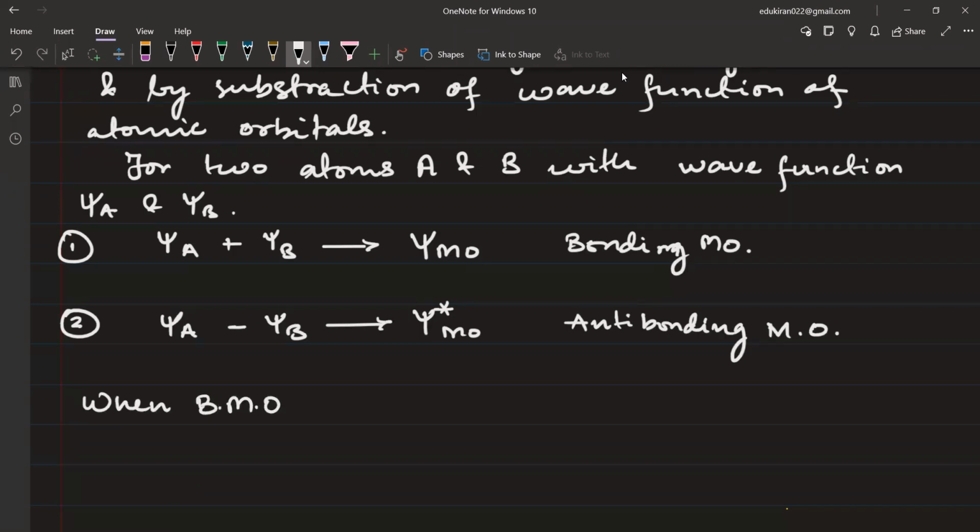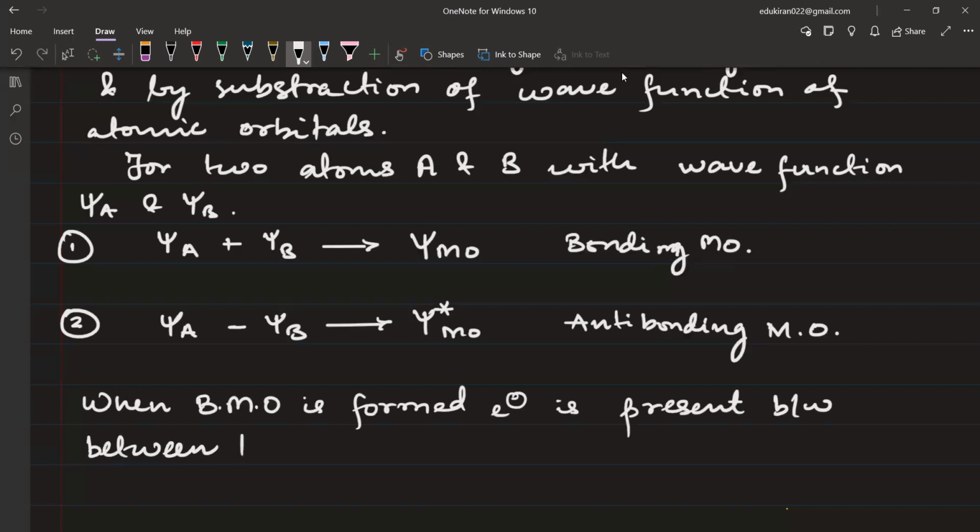When BMO is formed, electron is present between the nuclei of two atoms.